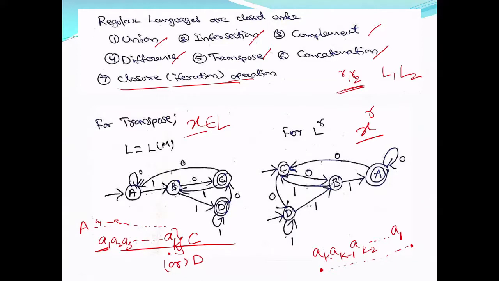So what should I do? Suppose in my M dash, I want to come from AK to AK minus 1. In your M, AK minus 1 to AK, there was a transition. There must be a transition on the input symbol AK or AK minus 1. Some state on AK minus 1 and some state on AK should go to a final state. So what should I do?